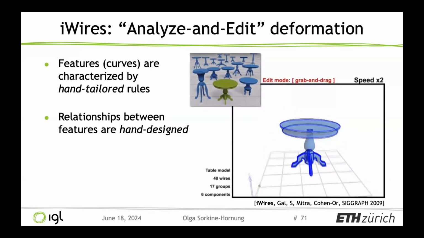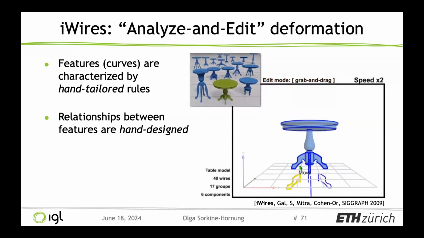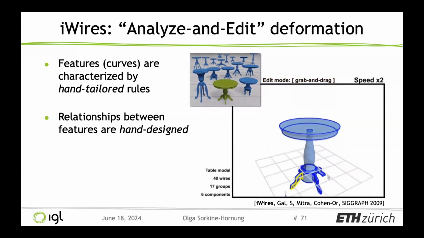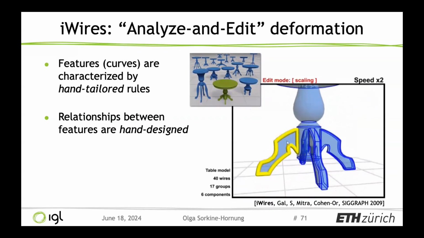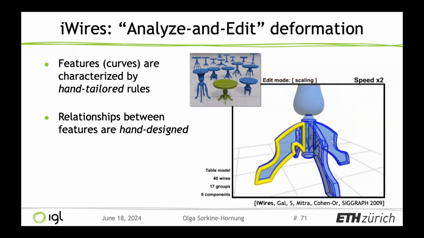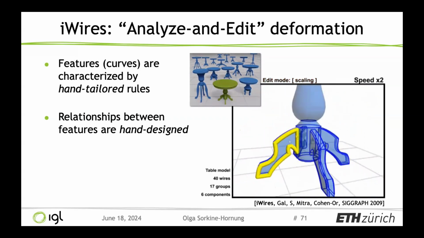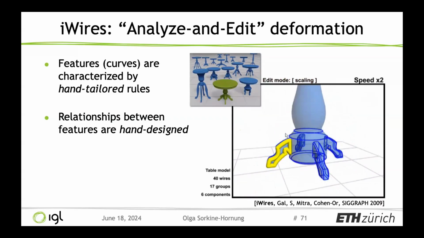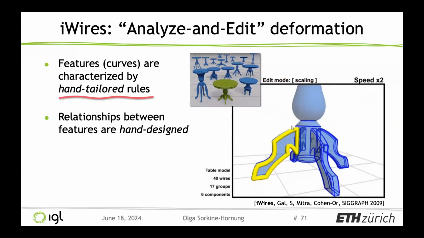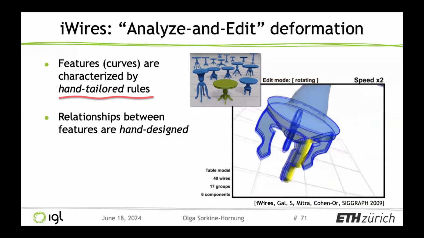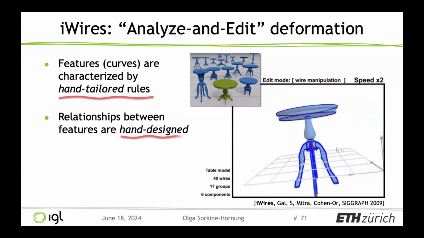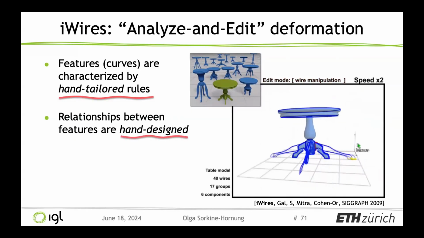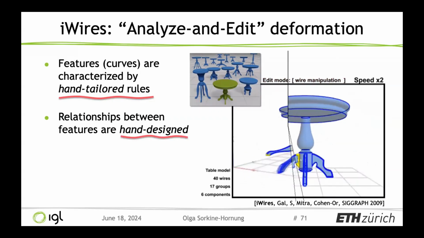So I think it's quite amazing that it's possible to achieve such complicated edits as you see in the video in real time using this very rudimentary approach. And I think the smart thing here was indeed these rules that we encoded into defining feature curves and their class, so circle, straight line, square, and so on, and the relationships between the curves that we also hand designed in this case.